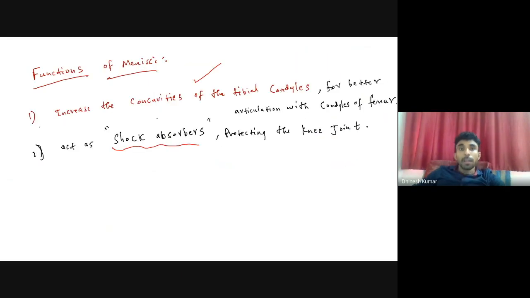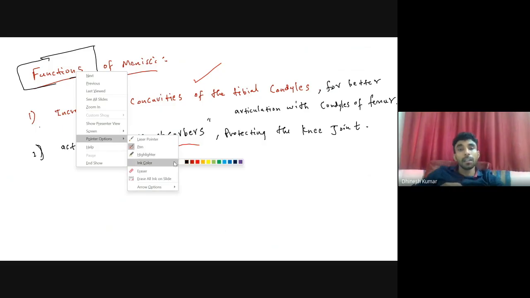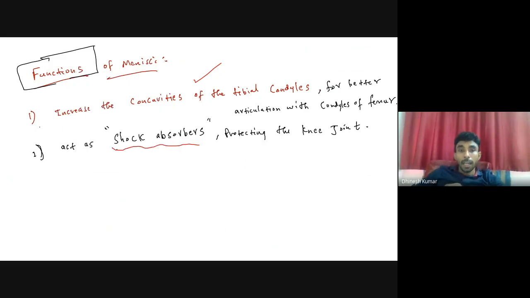And the possible sub question for the menisci, if it is pinned, is what will be the functions of the menisci? Any idea? The menisci act as shock absorbers, that means protecting the knee joint from injury.